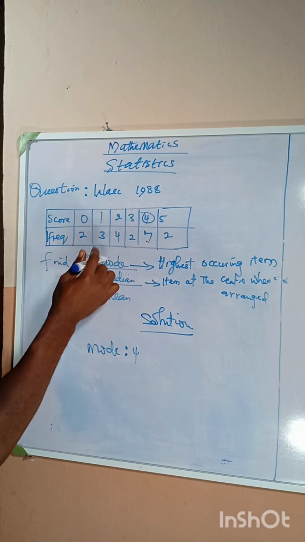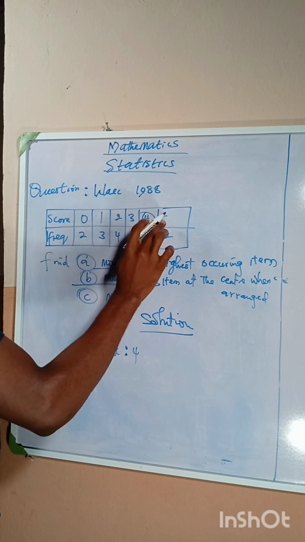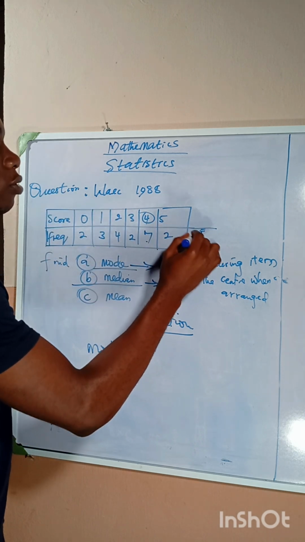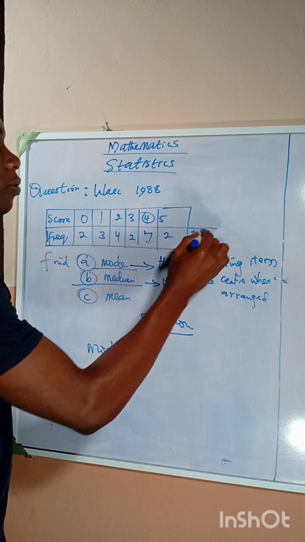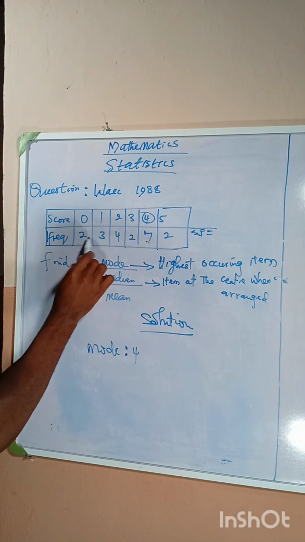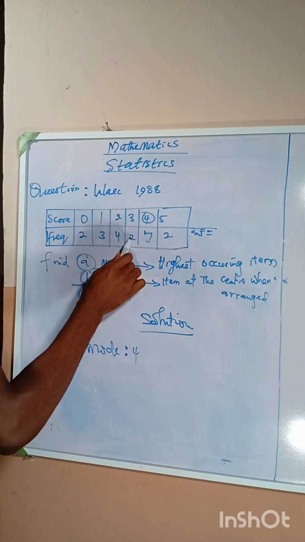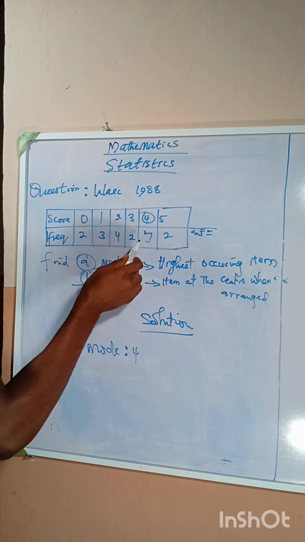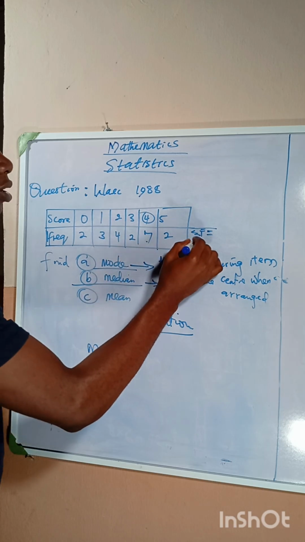And then the item which might be at the center can only be gotten provided we sum the total number of frequency, which in this case we have 2 plus 3, 5, 5 plus 4, 9, 9 plus 4 again, which would give you 13. 13 plus 7 will give you 20.